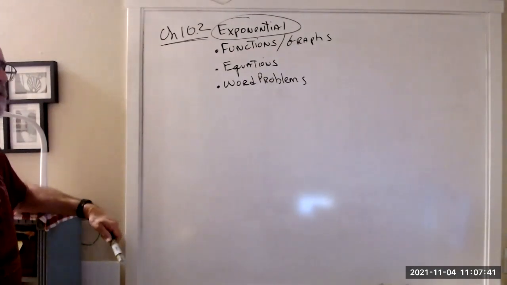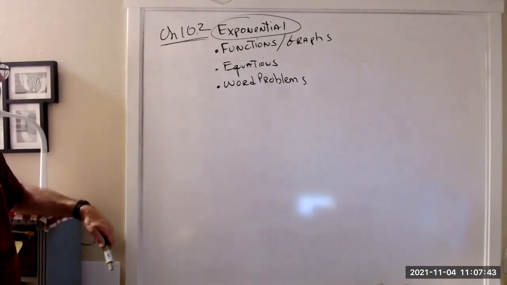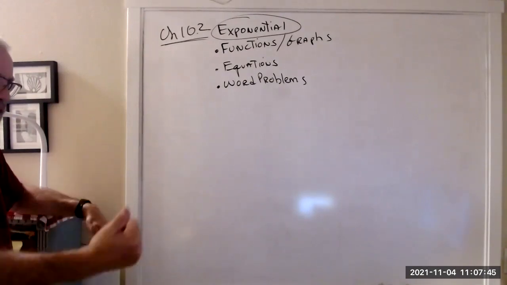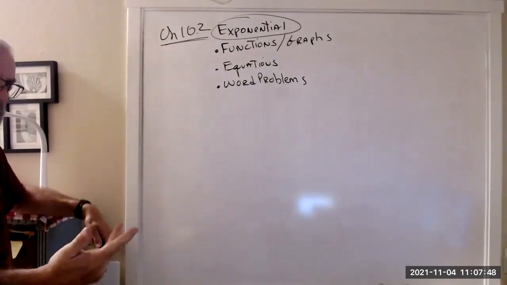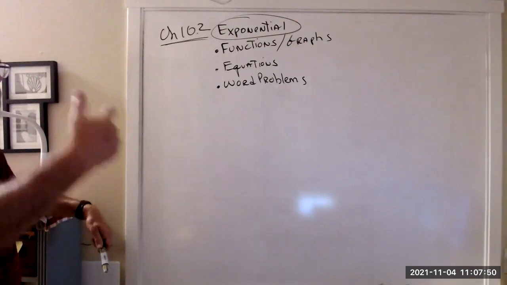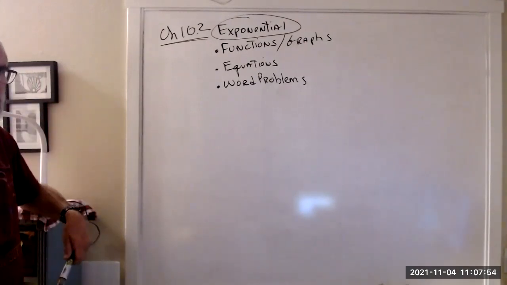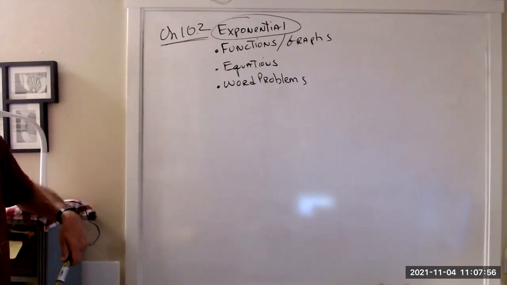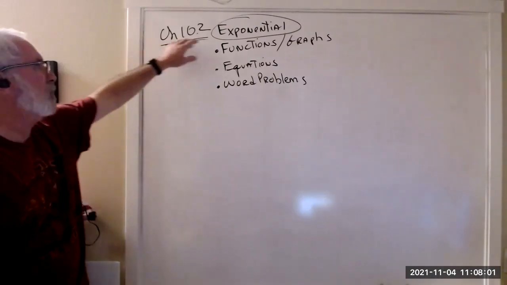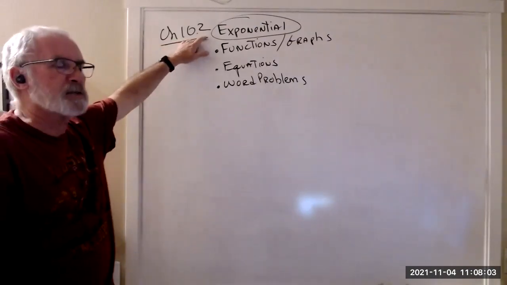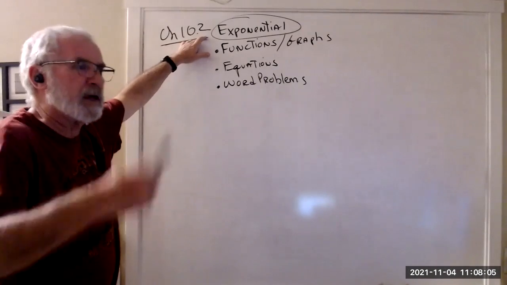So in chapter 10.2, think about this. Everything that we talked about, functions, domain and range, inverses, composite functions, all of that was shoved into one section of chapter 10.1. Wow, that's a lot. Now we're moving on to section 10.2. We're going to study exponentials, things with exponents.